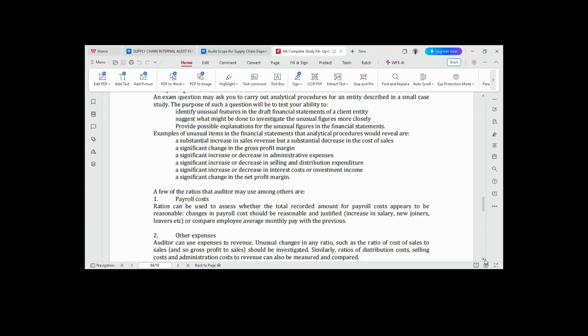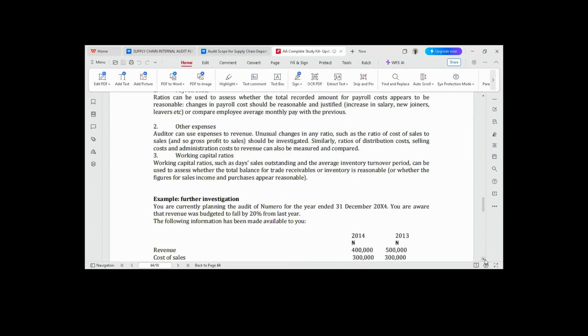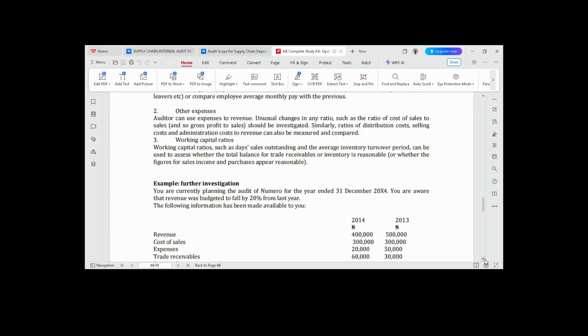So what is the difference? Maybe the style of leadership used by Tolerant is different. They are very conservative compared to when it was under Diageo. So those are some of the things you need to know about analytical review procedures.